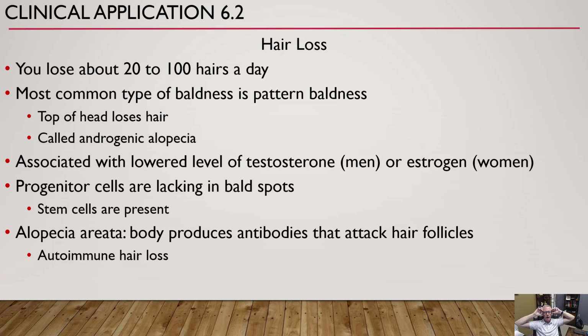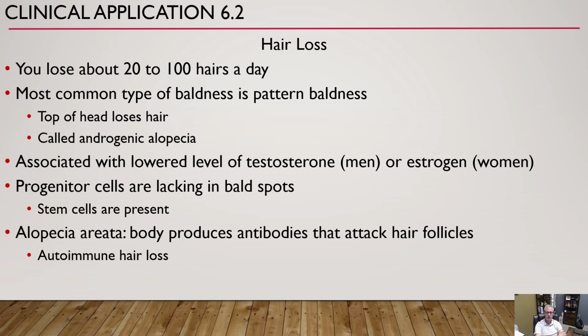But anyway, the most common type of baldness is called pattern baldness, where you basically lose your hair. It's also called androgenic alopecia, and both males and females can get it. It's associated with low androgen levels, your sex hormones.